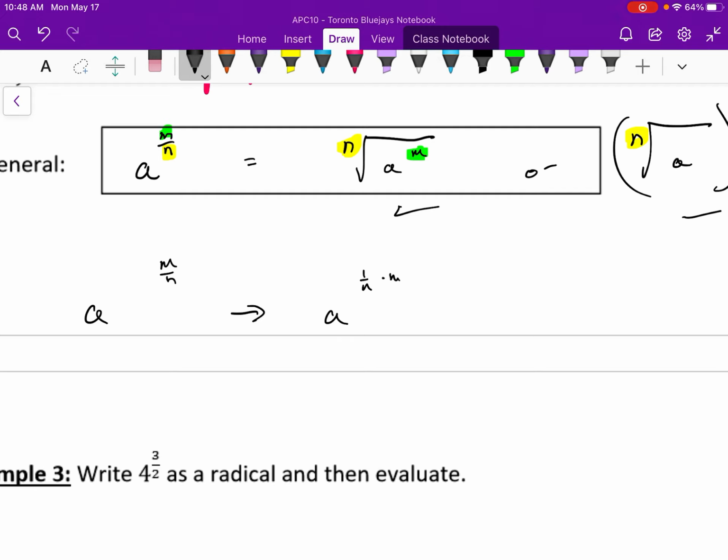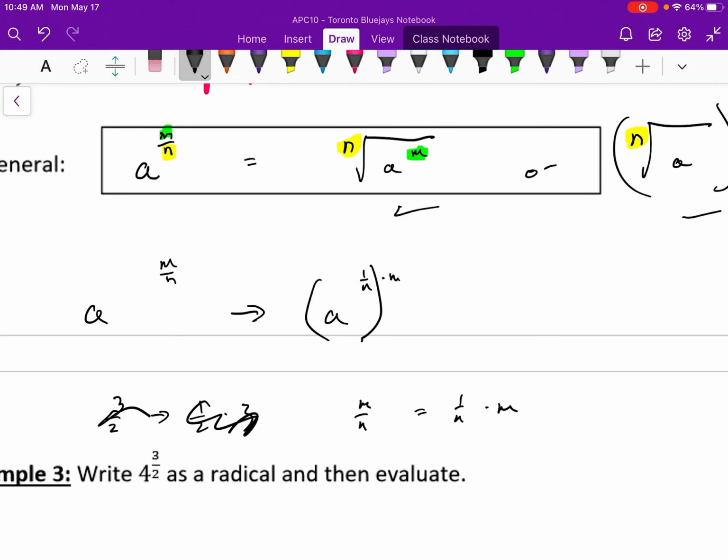Now I'm going to decompose my numerator. We all know that 3 over 2 can be thought of as 1/2 times 3, and that's exactly what I'm doing here, except I'm thinking of it as 1 over n times m. So I can decompose the radical, and that's good. So you can have your thought like that if you wish.